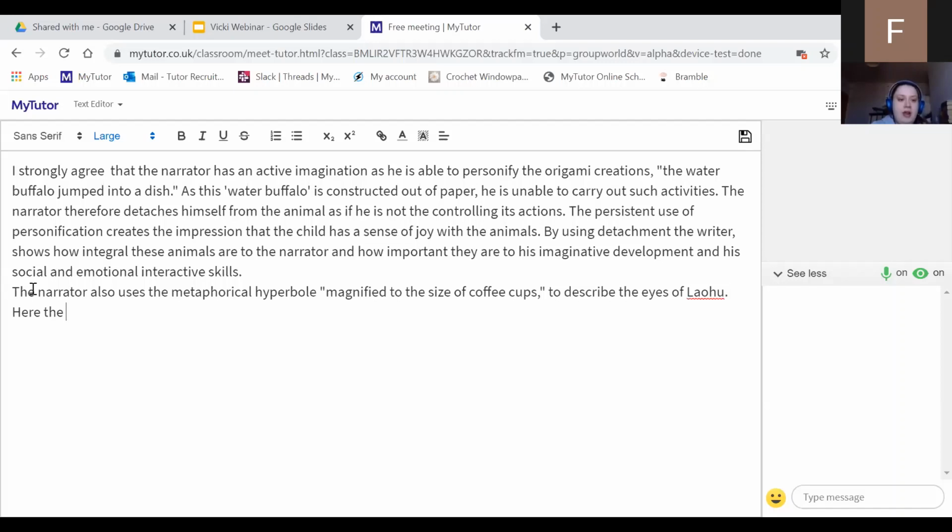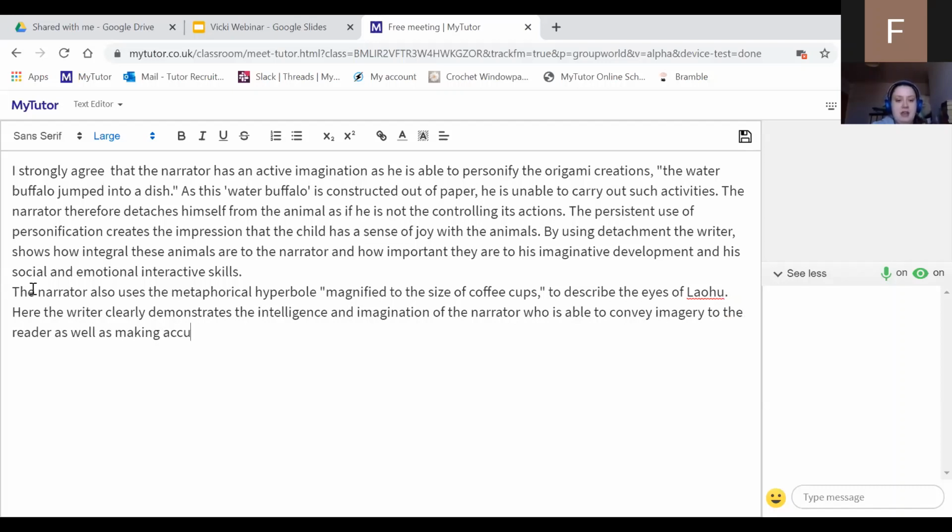Here the writer clearly demonstrates the intelligence and imagination of the narrator, who is able to convey imagery to the reader as well as making accurate comparisons.